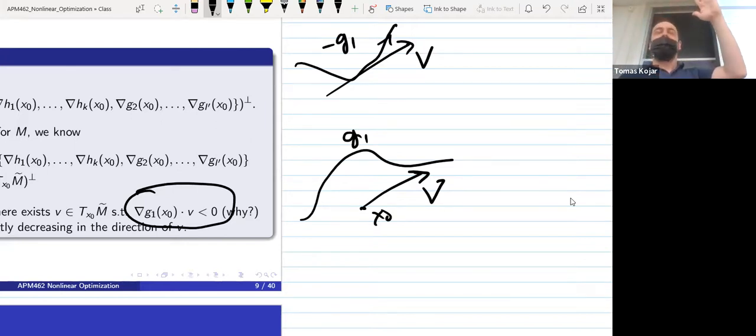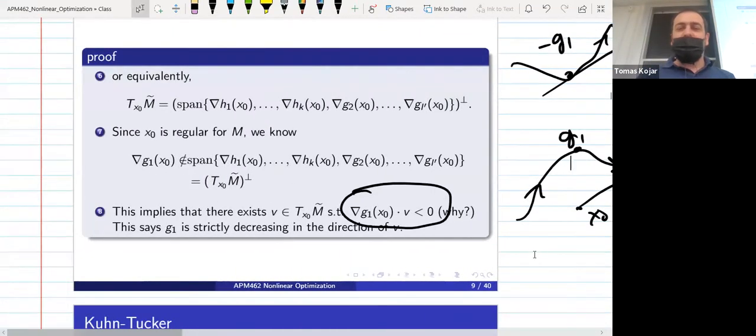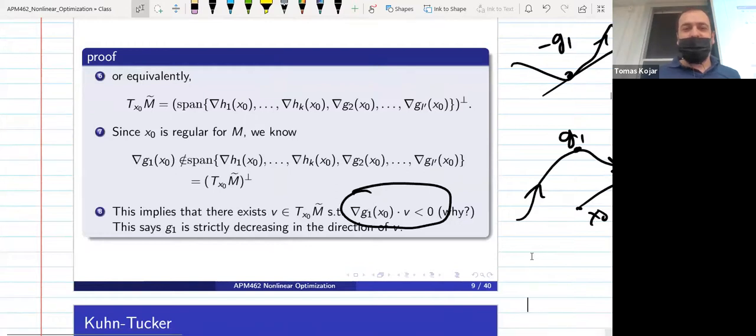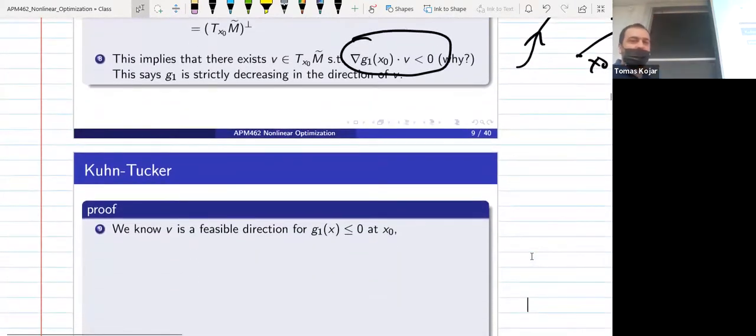Does that make sense? Okay, good. So you have this monotonicity. I will summarize the proof. For now, it's just step after step after step, because it's a very long proof, I know.